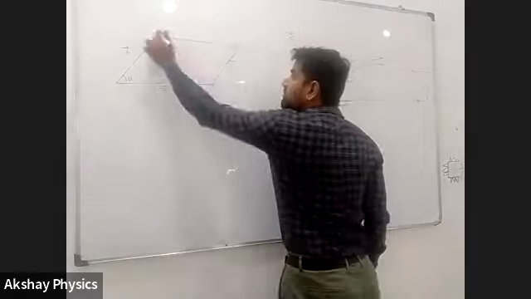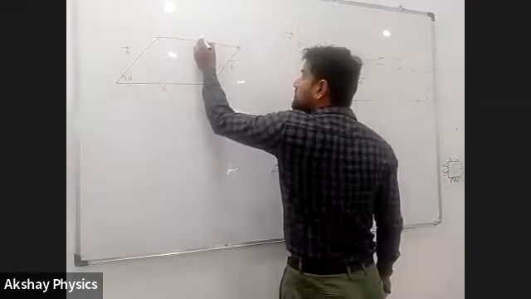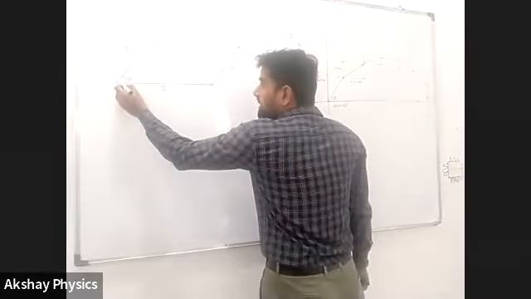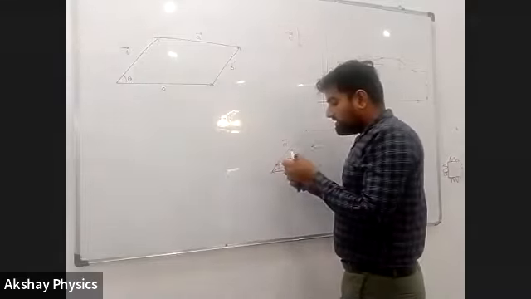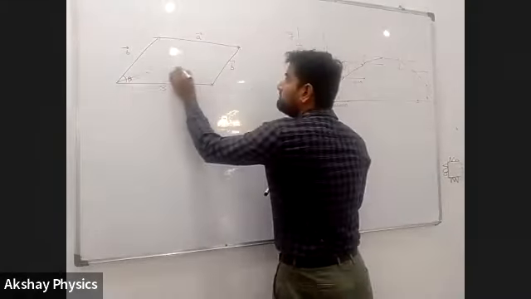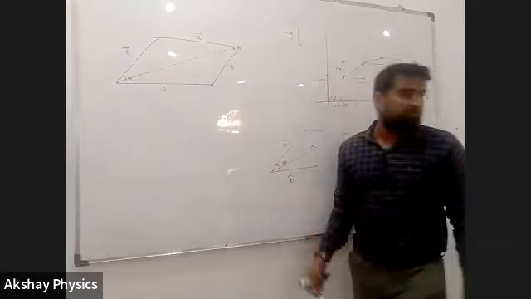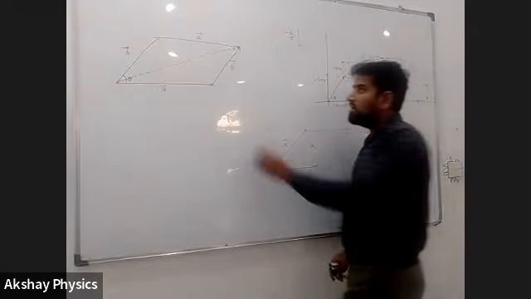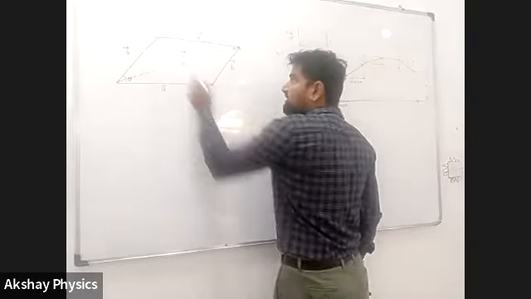And the same magnitude and the same direction I made here also, so this is also A. By connecting this to this point, this will be the resultant vector.